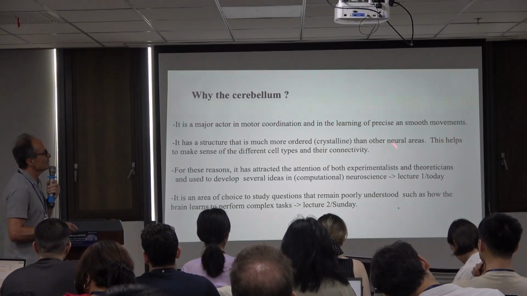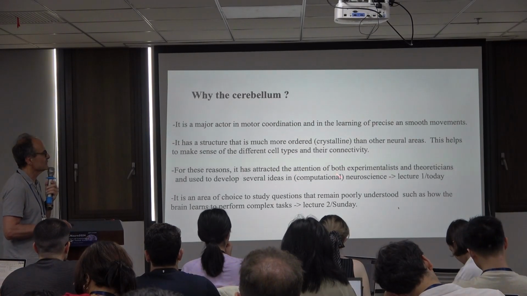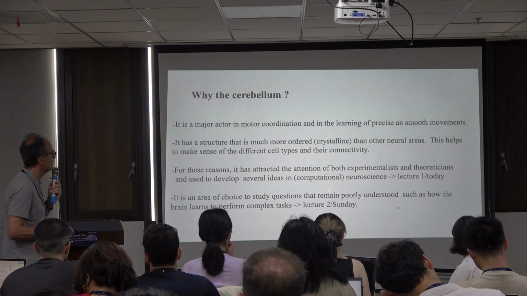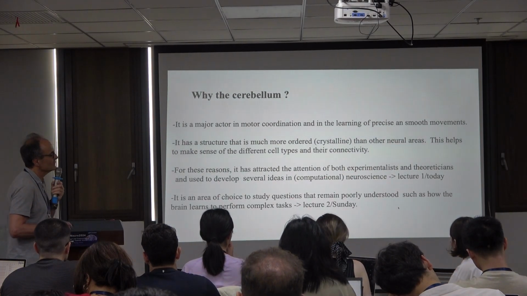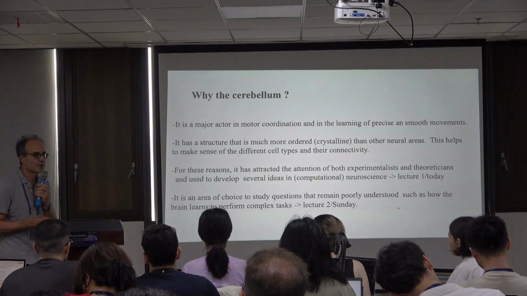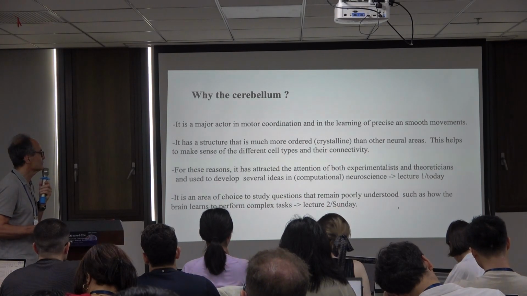And so I'll try today to remind you of things that are rather classical and recent experiments. And then, of course, although it's in some sense much simpler than other parts of the brain, there are many things that are poorly understood.